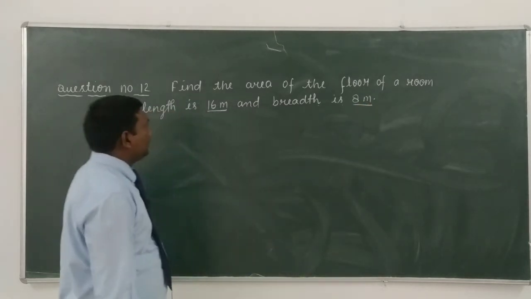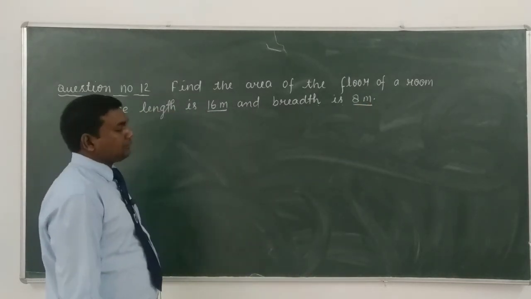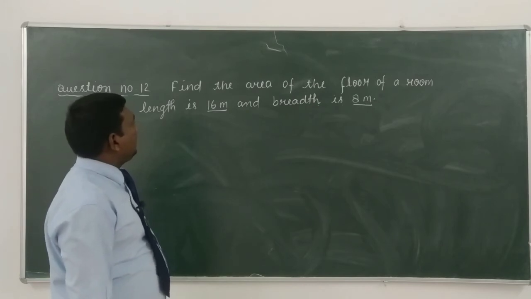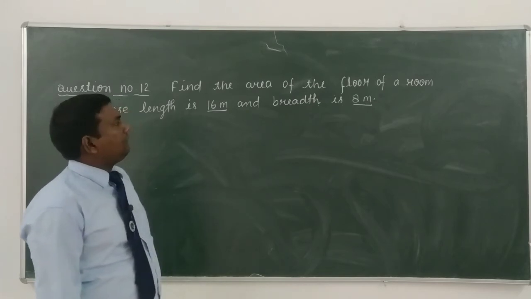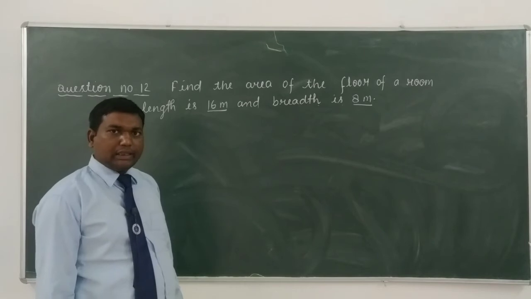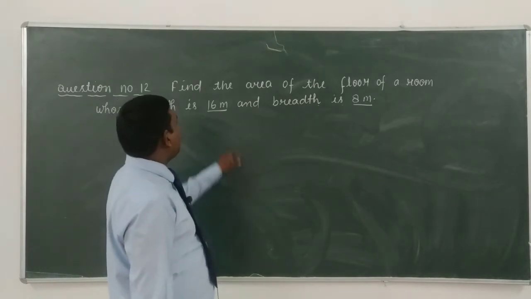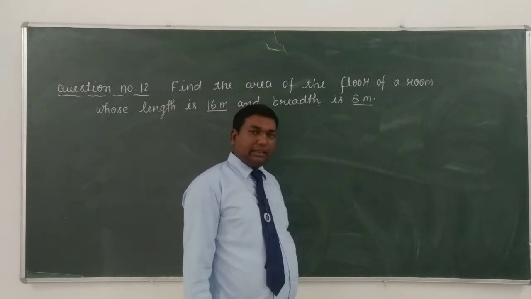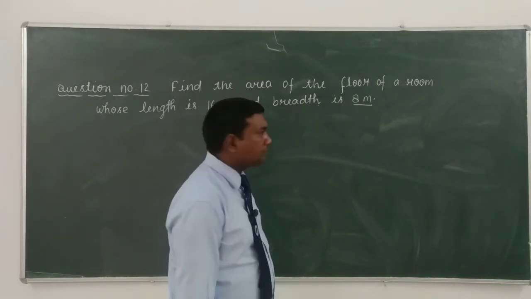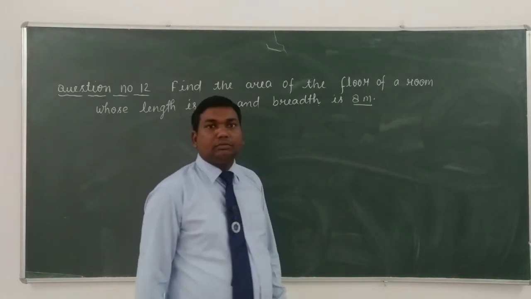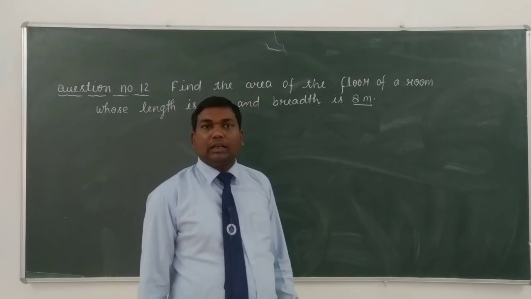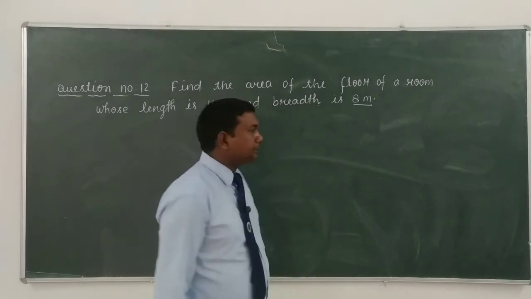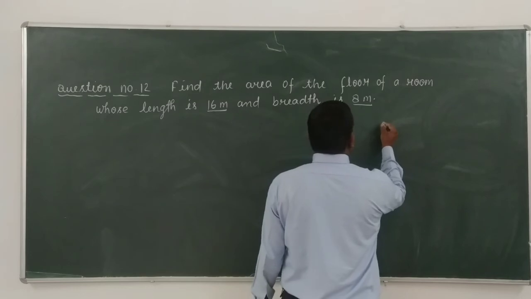Okay, then we find the area of the floor of a room. Okay, dear friends, if we multiply 16 meter by 8 meter, then we get our answer, by using a formula. Okay, look at here.